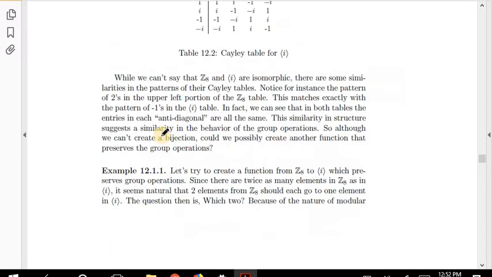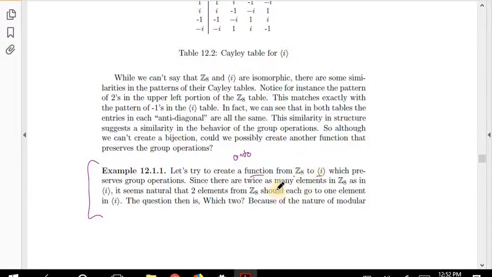So here it says, let's try to create a function from Z8 to i which preserves group operations. And we're going to make an onto function. We can't possibly make a one-to-one function because Z8 has 8 elements and i has 4 elements.